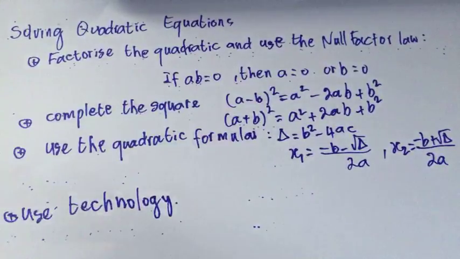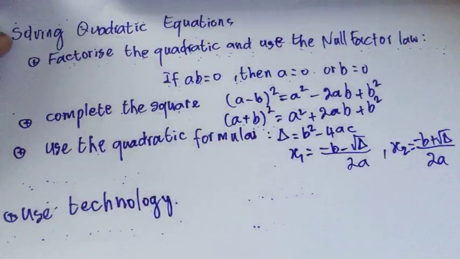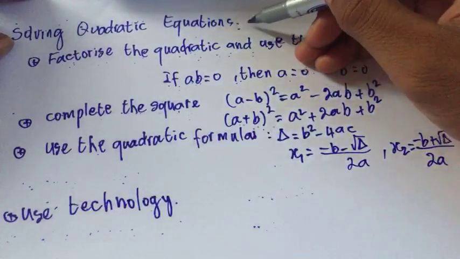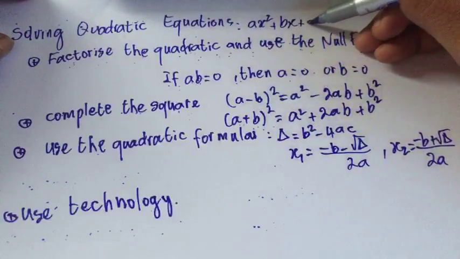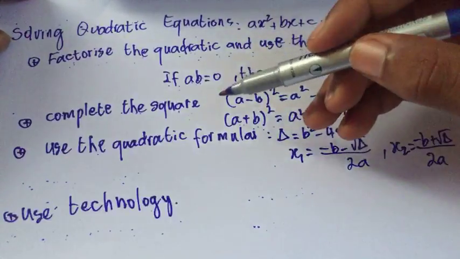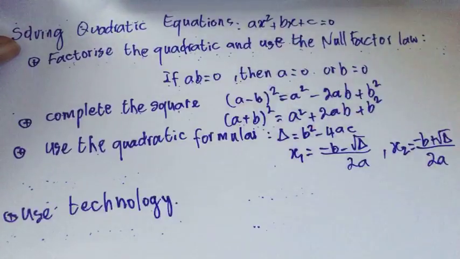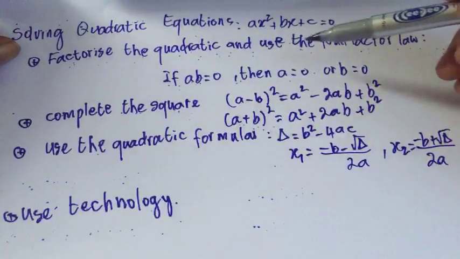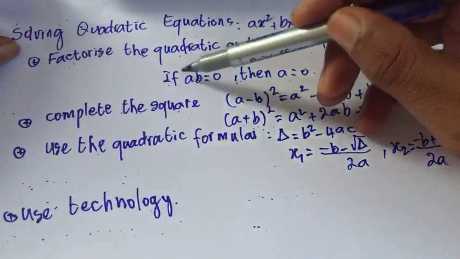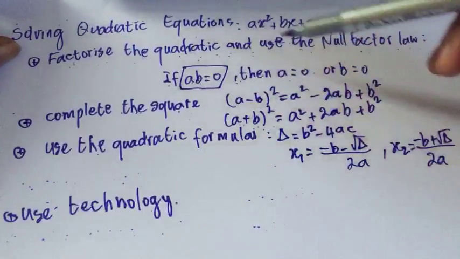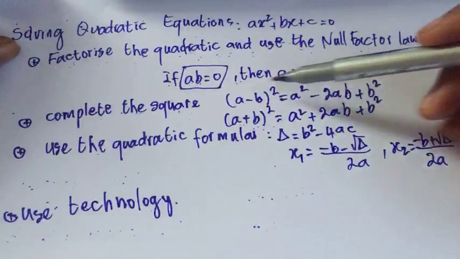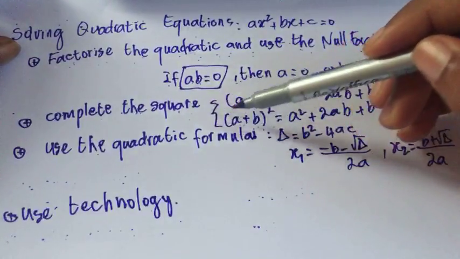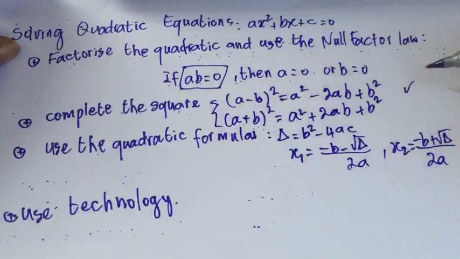So we have to remember how to solve a quadratic equation, ax squared plus bx plus c equal to 0. And we have 4 methods. The first, factorizing the quadratic, we use a times b equal to 0, and then a equal to 0 or b equal to 0. Then completing the square, we use both formulas. You can use this one or this one.